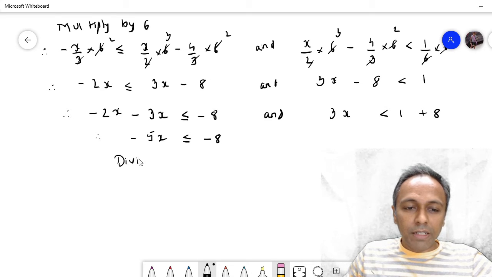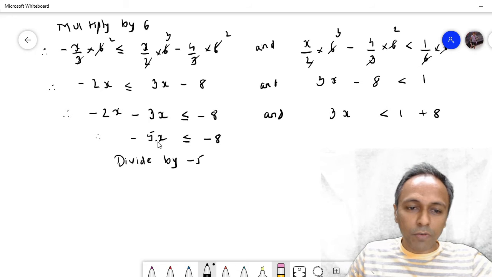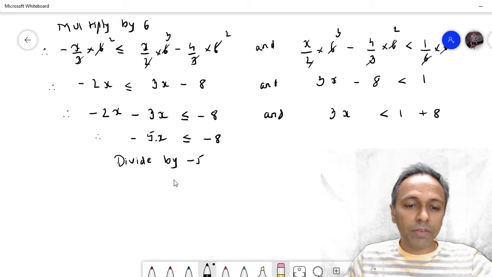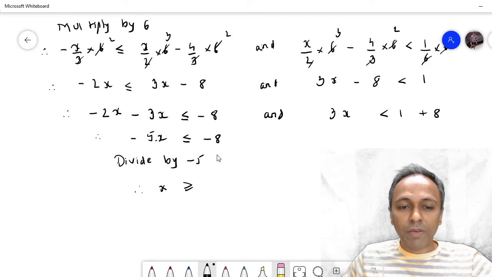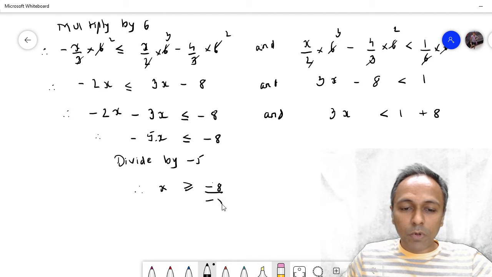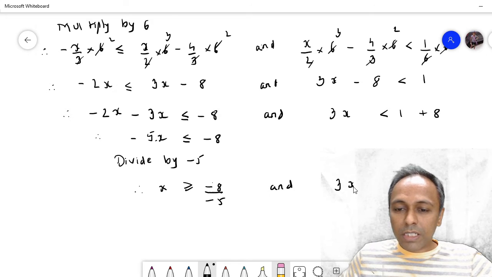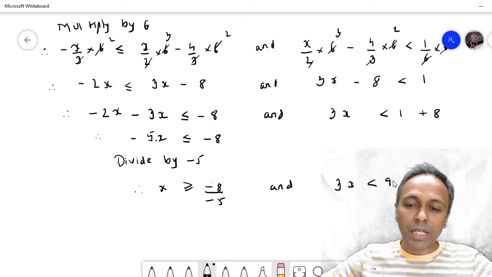Let us divide by minus 5. See, it's in the product form here, so if it comes on the right hand side, it will get divided. Therefore, x is, be careful, you have to change the inequality sign to greater than or equal to minus 8 upon minus 5, and here it is 3x less than 9.